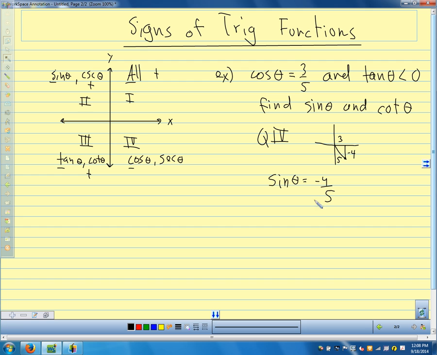And then the cotangent of theta. Cotangent of theta is x over y. So 3 over -4. And we're set. Now they're not always going to give you 3, 4, 5 triangles in your problems, so you'll have to use the Pythagorean theorem.